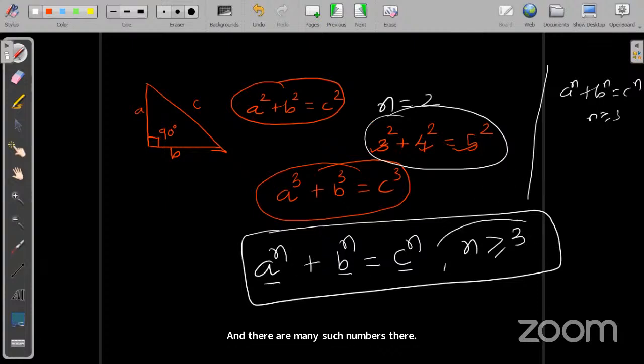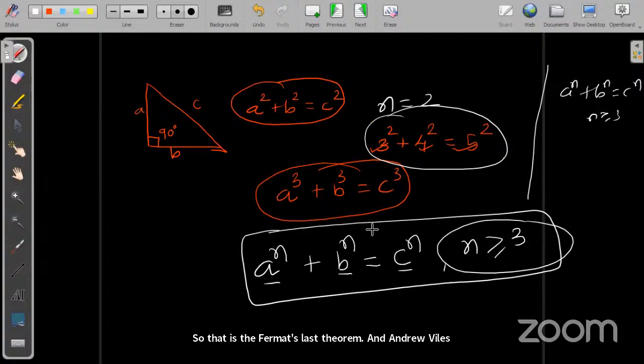But for n greater than or equal to 3, this does not have any solution. So you cannot find any integers a, b, and c that satisfy this. That is Fermat's Last Theorem, and Andrew Wiles proved it after 300 years.